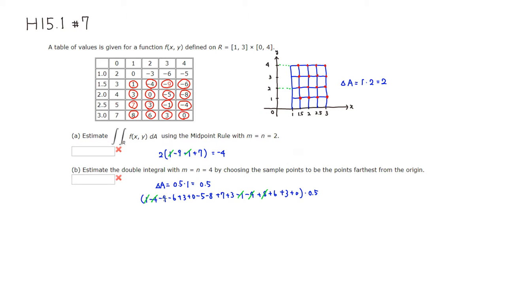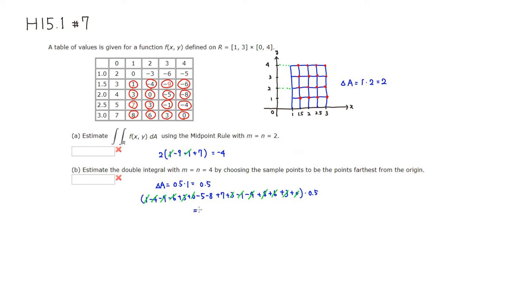You have a negative 9, then you have positive 3, positive 3, positive 3, so you can cancel those. Here's a negative 6 and there's a positive 6. The 0s, you don't have to do much. So what's left is just a negative 5. Negative 8 plus 7 is negative 1, so it's negative 6.